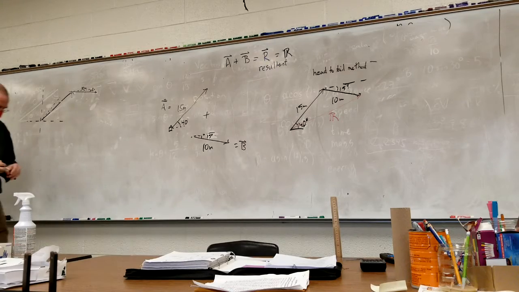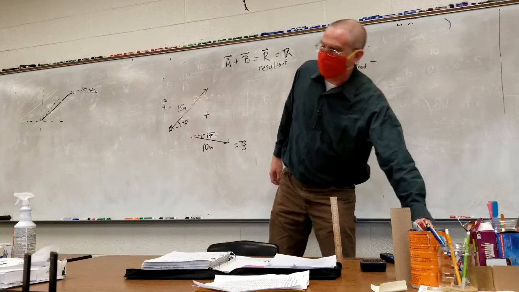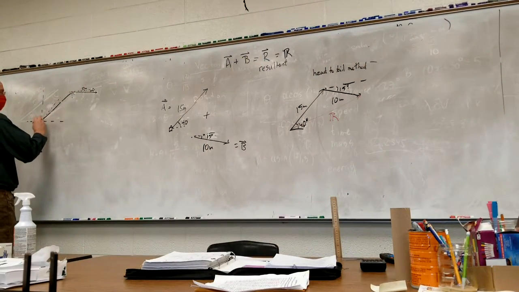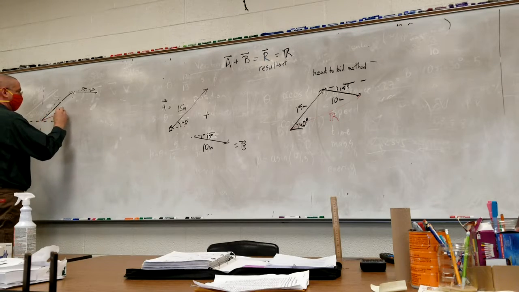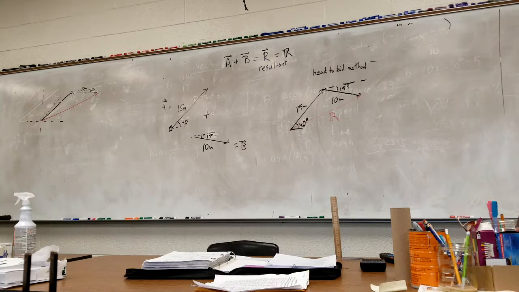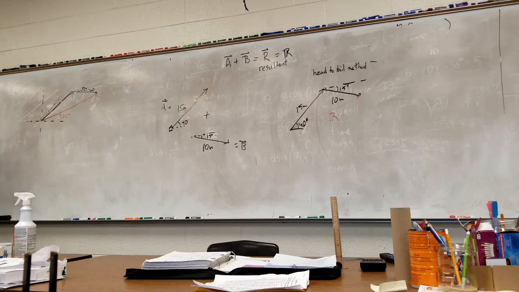And so my resultant, again, from the beginning to end, where am I relative to where I started? That angle looks to me like about a 25-degree angle. Again, just eyeballing it.